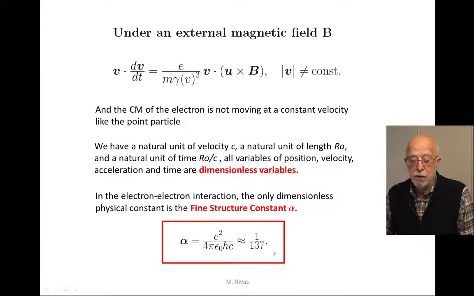This is independent of the mass of the particle. So all leptons, which interact only electromagnetically or weakly, the electroweak interaction, have the same attributes. So all this analysis we are making for the electron is also valid for muons and the tau particle.